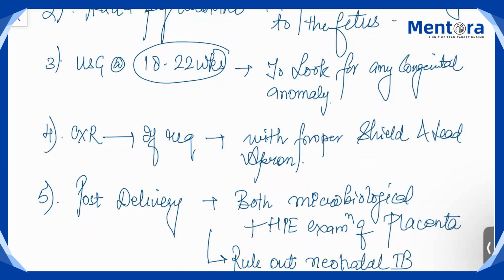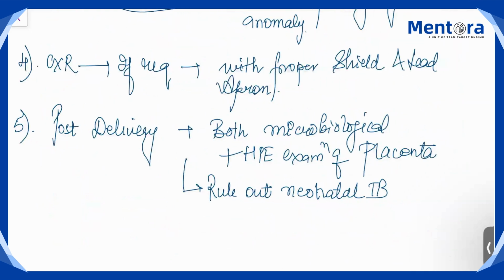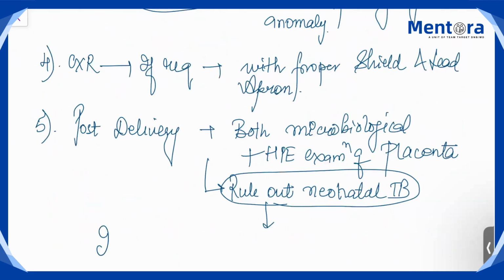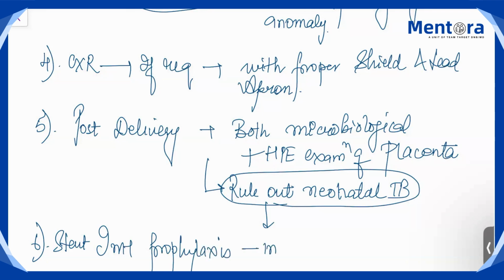Once neonatal tuberculosis has been ruled out, sixth, start INH prophylaxis immediately to the newborn. And what is the dose of isoniazid prophylaxis? It is 10 milligram per kg per day.